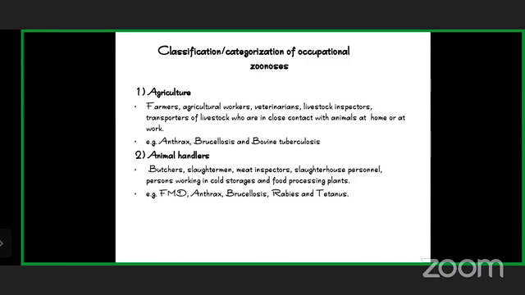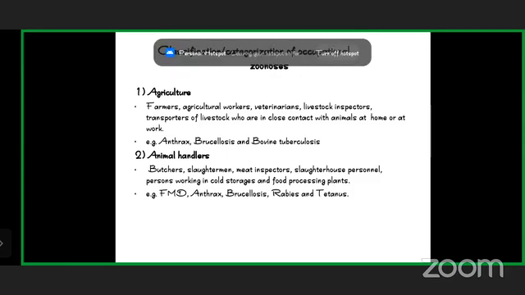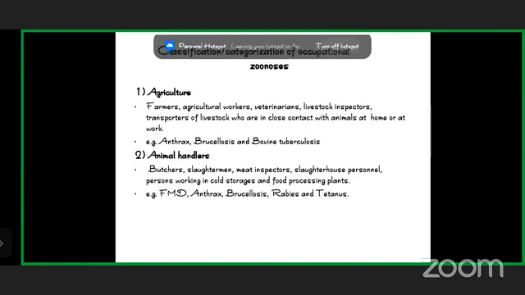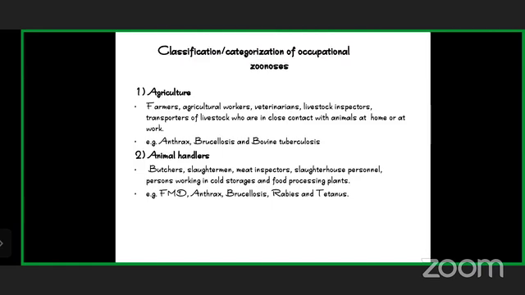Say, for example, there is a case where a woman was bitten by a rabid dog, and she expressed the symptoms of rabies after 11 years. So the time of expressing these clinical signs may vary from individual to individual. It all depends upon the genetics.